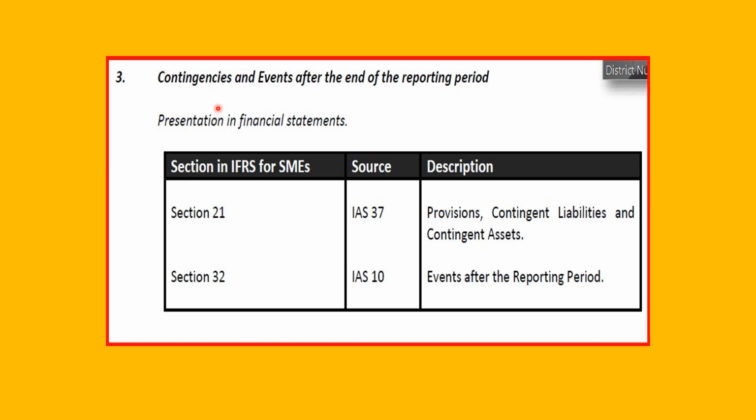Contingencies and events after the end of the reporting period. This is sometimes called post-balance sheet events. Events here is a reference to transactions that happen during the period from your year end, when you close off your accounts and start preparing accounts to be audited, until the audited financial statements are issued and signed by the board of directors and all the necessary people.